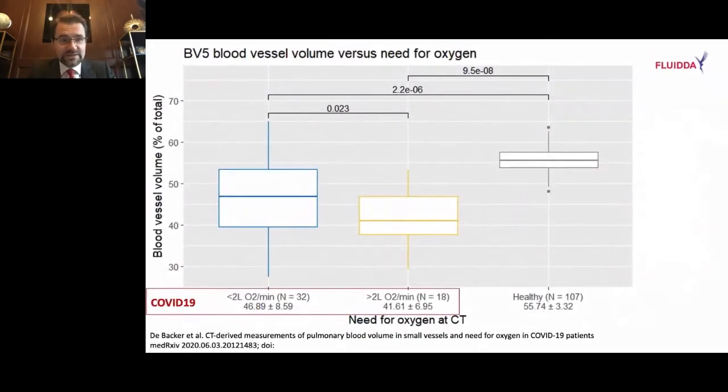So how does this relate to the need for oxygen, for instance? Here you can see that in a healthy population, about 55% of the blood vessels that you see belong to this BV5 category, so vessels under 5 millimeters squared in cross-sectional area. You see in these COVID-19 patients that this BV5 fraction is significantly reduced, and it's further reduced in a population that requires more oxygen to remain at a certain level of saturation.